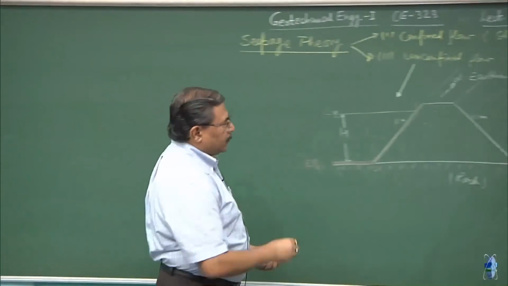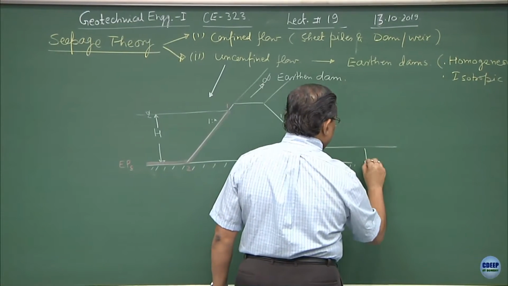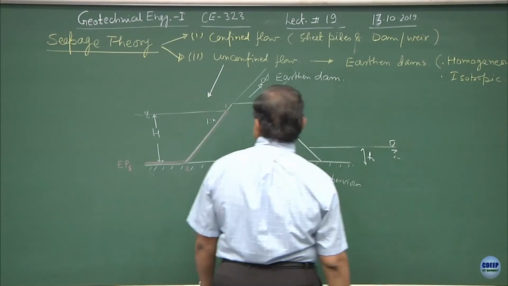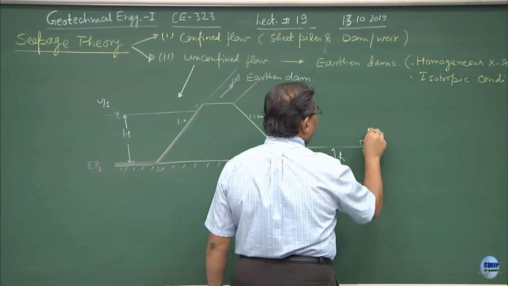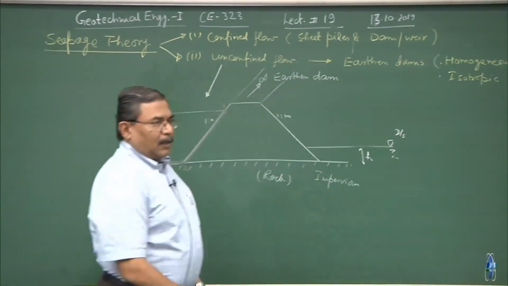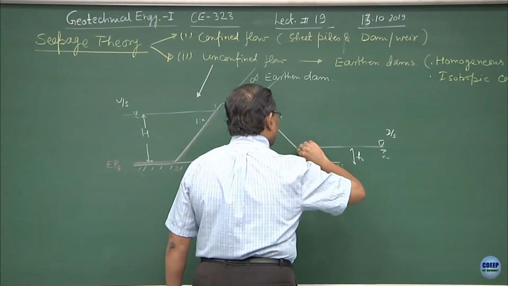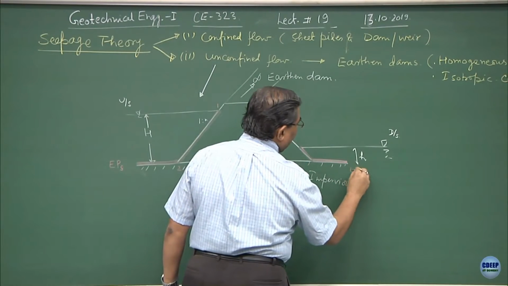Similarly, on the downstream side, if I say that this is the height of water which is being retained, so this is the upstream side, this is the downstream side. I hope you can easily recognize the equipotentials, this is also an equipotential, alright.